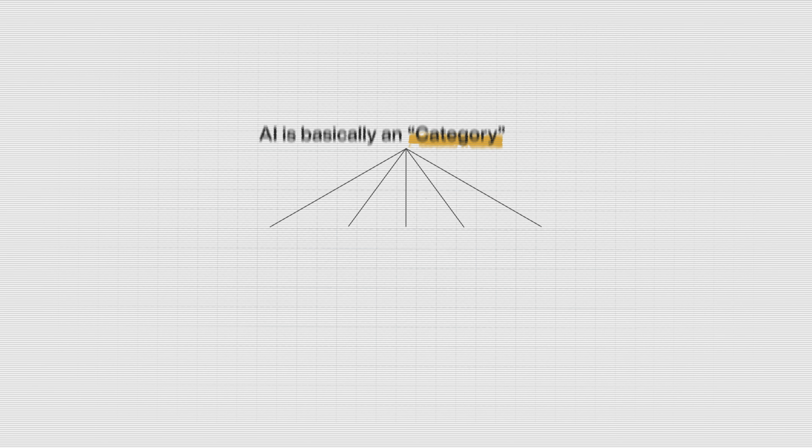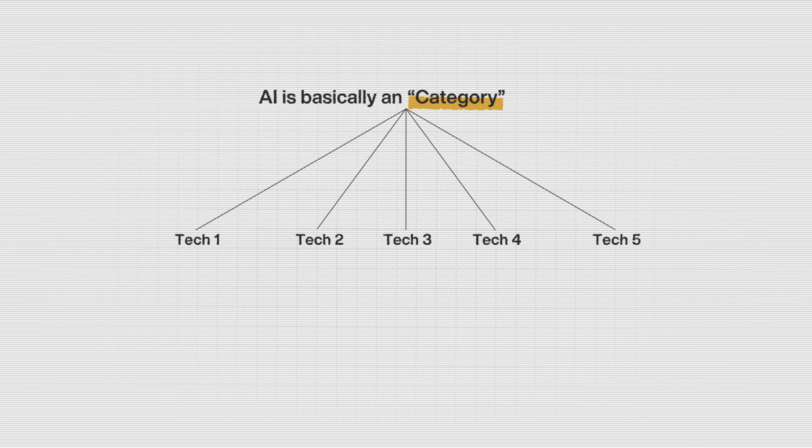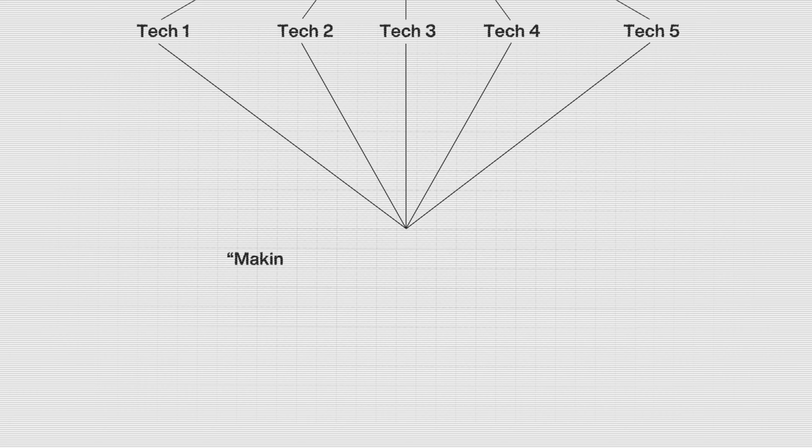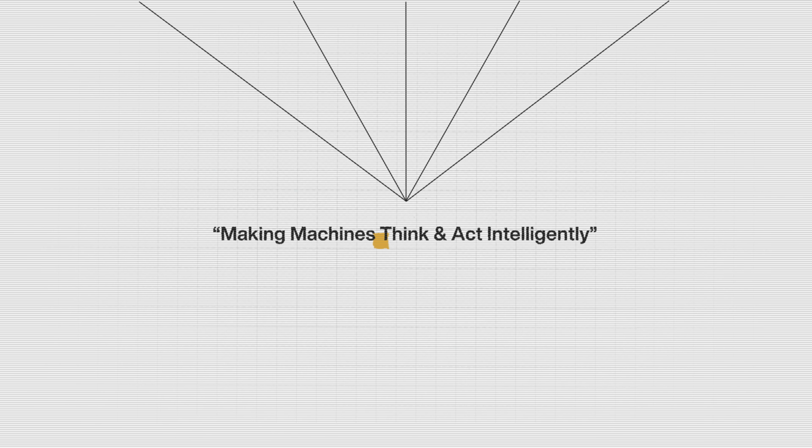One very important thing everybody should understand is AI is not a single thing. It's not one piece of software or one product or one single technology. AI is basically an umbrella term, or in simple terms, AI is basically a category which covers many different technologies, all working towards one single goal, that is, making machines think and act intelligently.